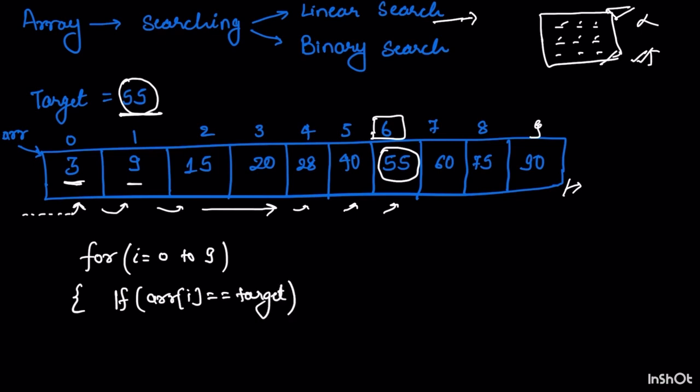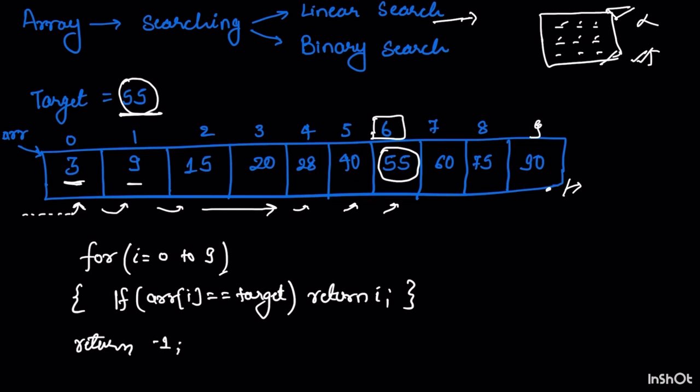At any point of time if it is equal to our target, we will just return the index, that is i. If this loop terminates and we have checked till the last index, it means our element is not present in the array, so we will return -1, or we will print that element is not found based on the requirement of the question.